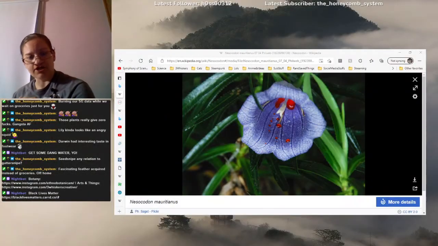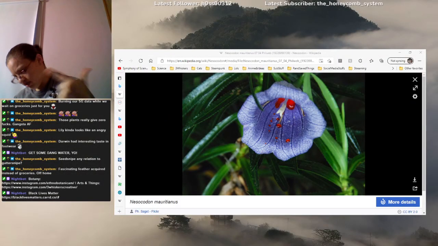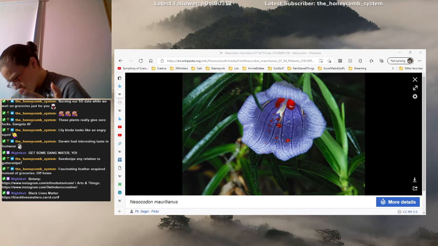Alright, so moving on with the lizard pollination thing. We've got the Nesocodon mauritianus from Mauritius.